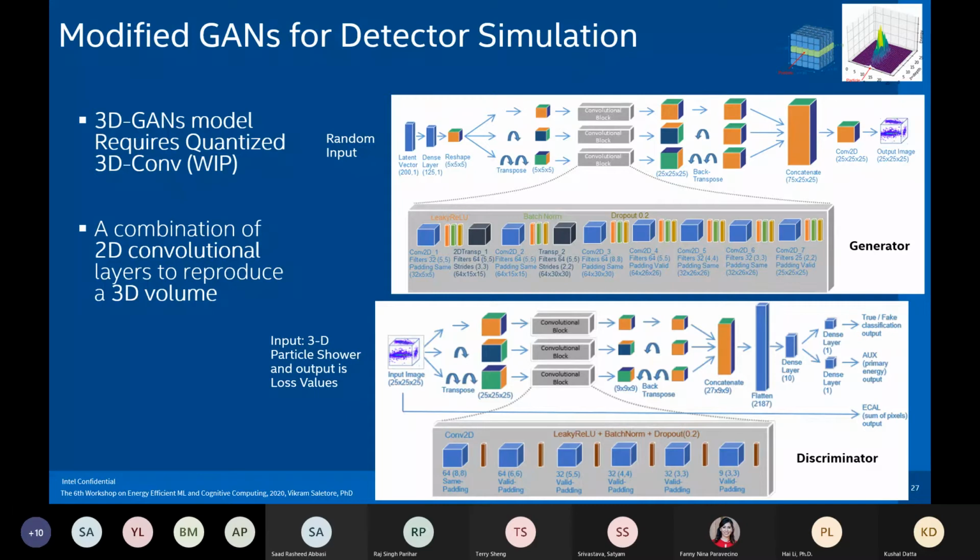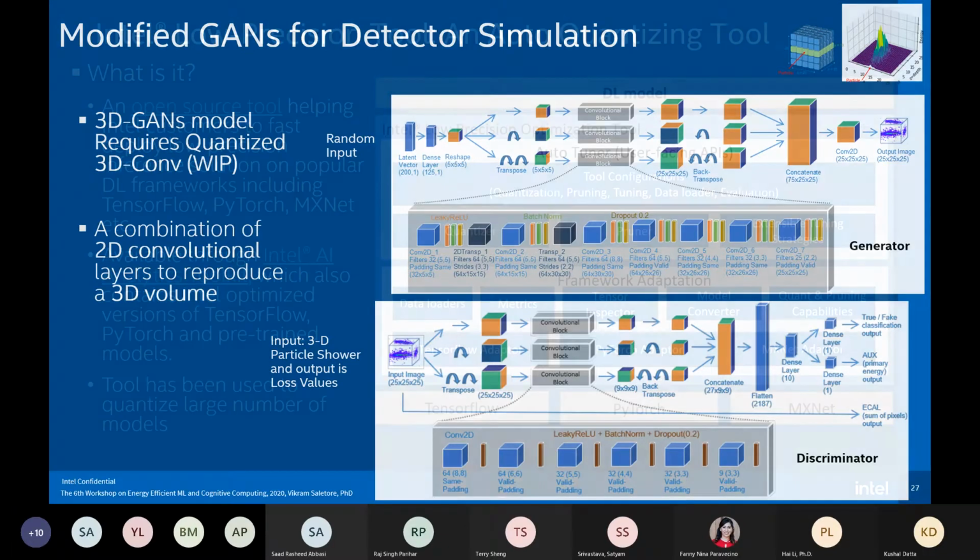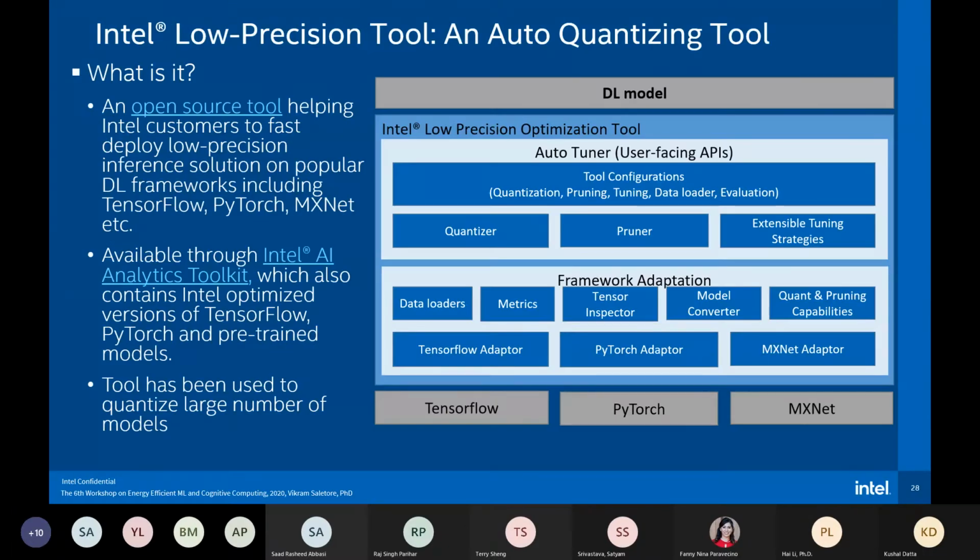It still takes the same data set, same image, but the model is now two-dimensional, yet it actually generates a 3D volume. We train that model, and we want to quantize it.